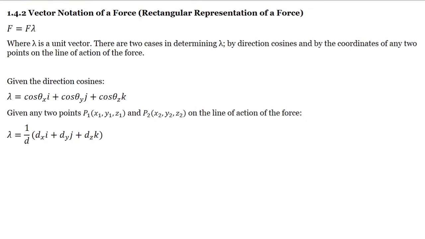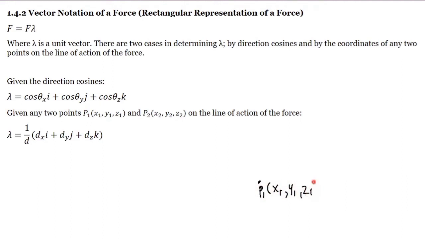If we are given any 2 points, per se we have point 1 with the coordinates x sub 1, y sub 1, z sub 1.